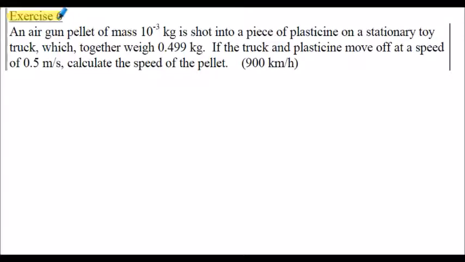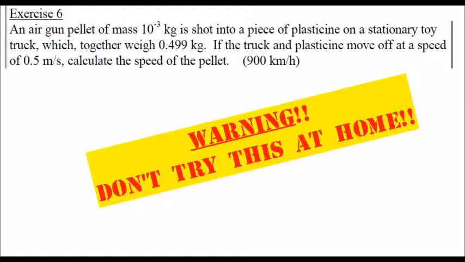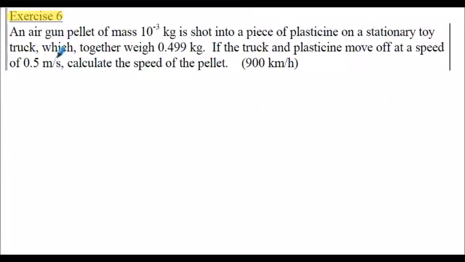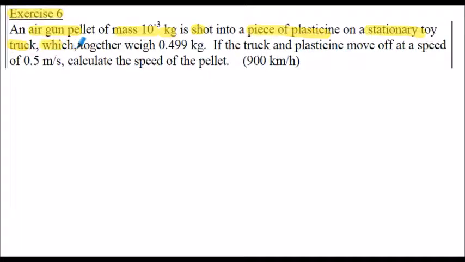Exercise 6. I should say first of all, don't try this at home. An airgun pellet of mass 10 to the negative 3 kilograms is shot into a piece of plasticine on the back of a stationary toy truck, which together weigh 0.499 kilograms.